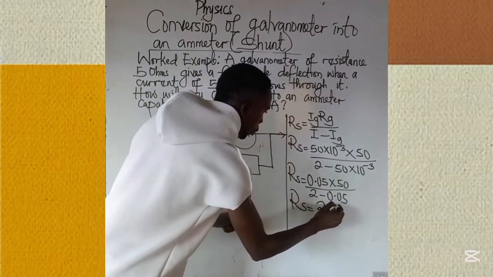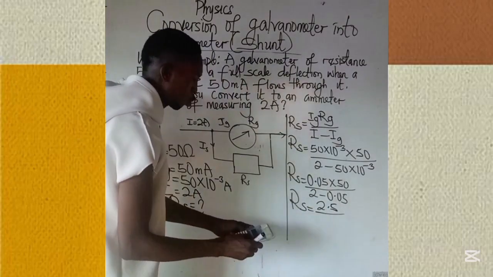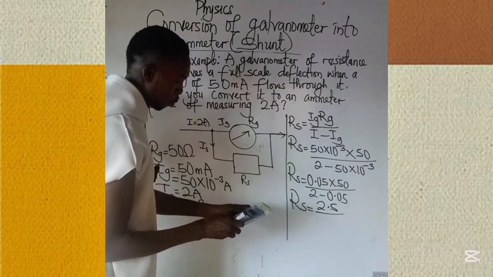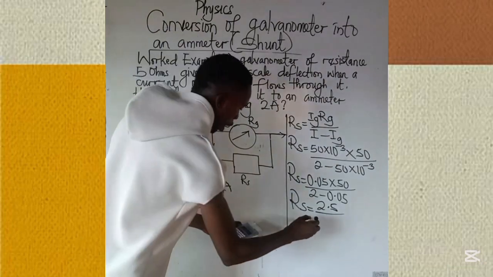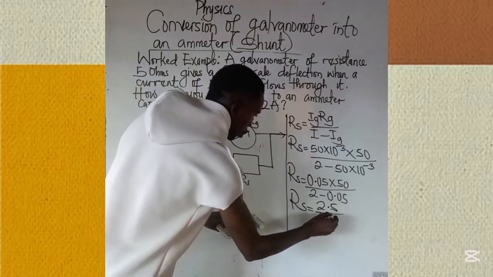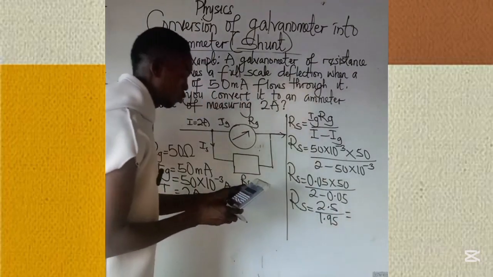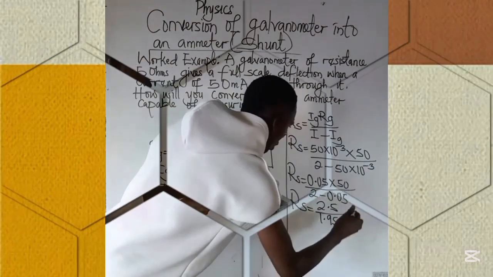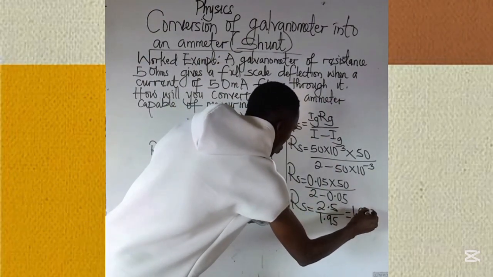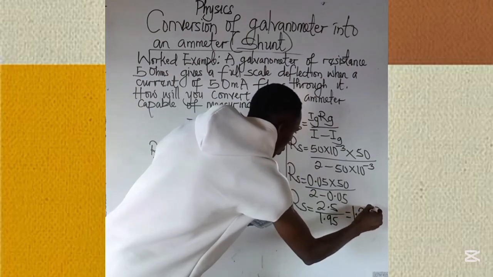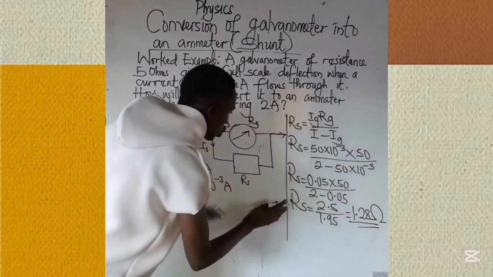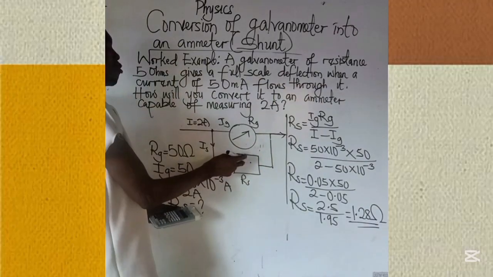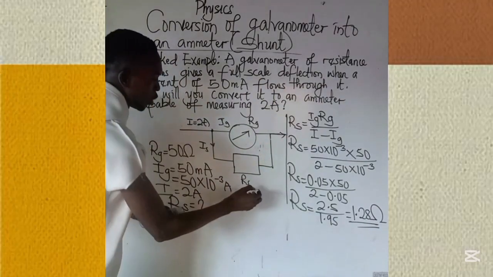So here is 2.5 divided by 2 minus 0.05, that is 1.95. So 2.5 divided by 1.95, 1.28 ohms. So the shunt that we're going to use to convert this galvanometer to an ammeter is what?